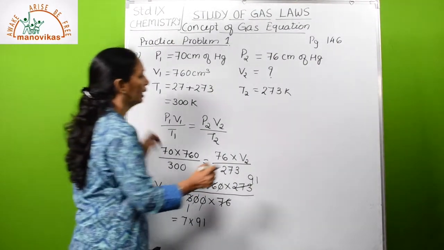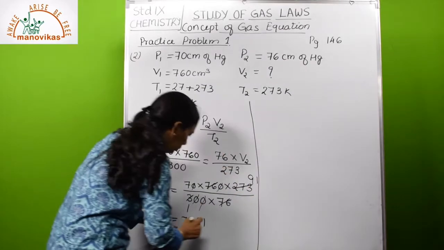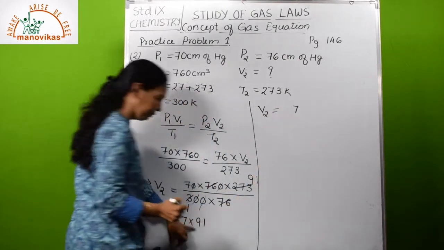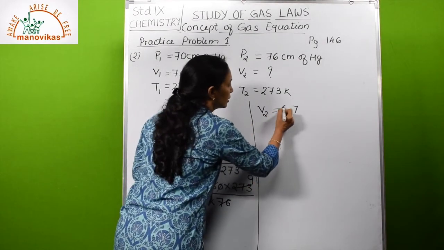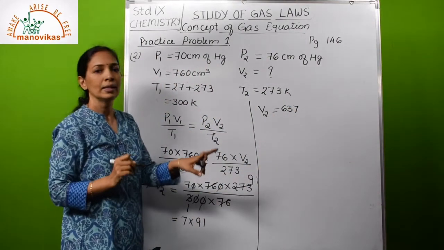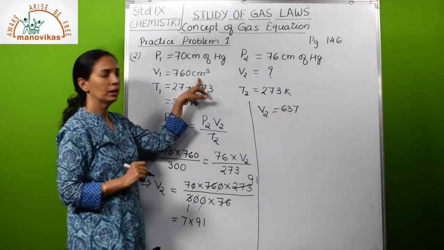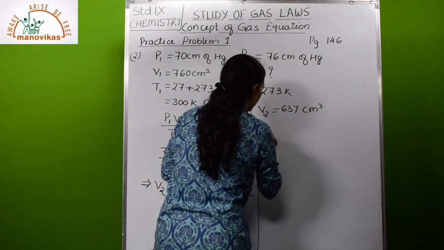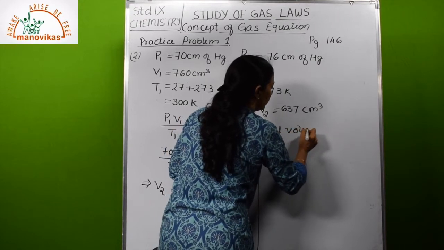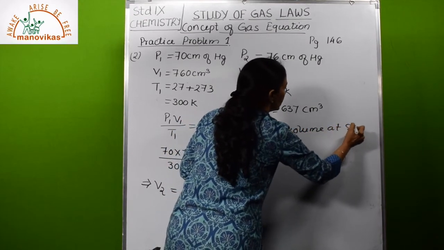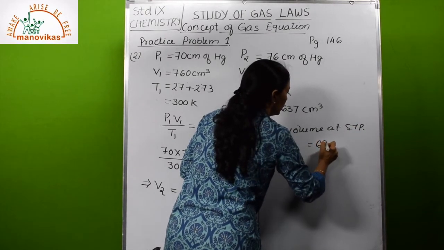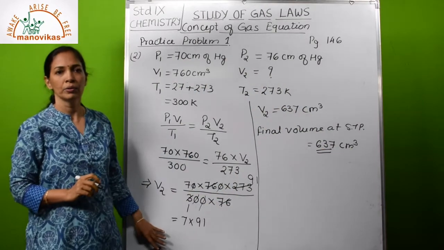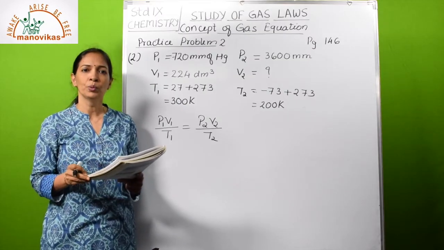Multiply 7 into 91: 7 ones are 7 and 7 nines are 63, so 637. Now what is the unit over here? Cubic centimeter. So the final volume at STP is equal to 637 cubic centimeter. This is how you have to calculate. Now practice problem 2, again the second one.